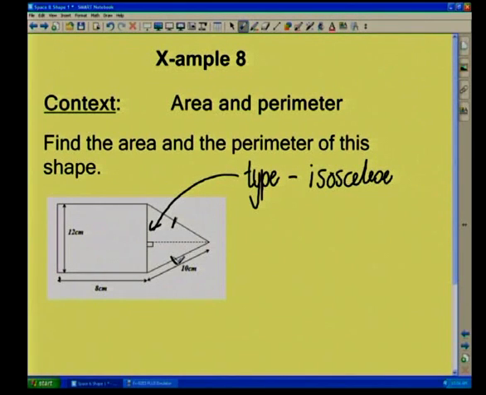So I can actually fill in this information that this is also 10 centimeters. This is a rectangle, so this side is equal to that side. So that's going to be 8 centimeters. So therefore we can find out very quickly what our perimeter is.